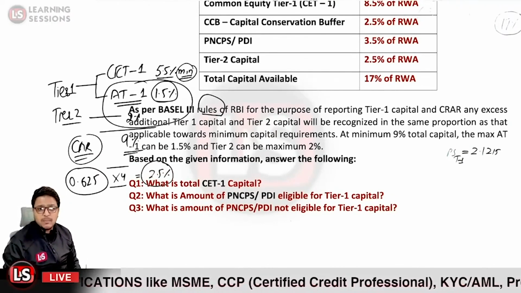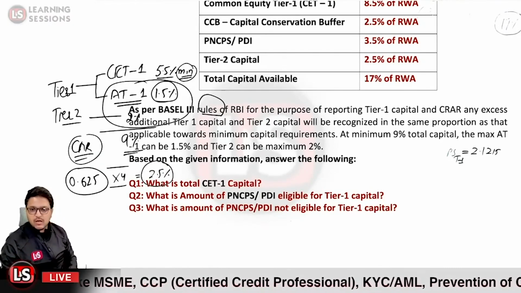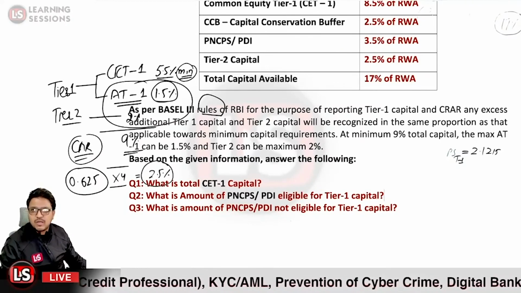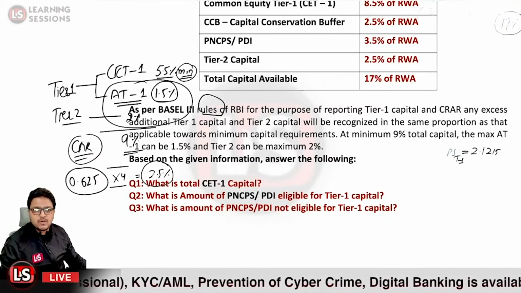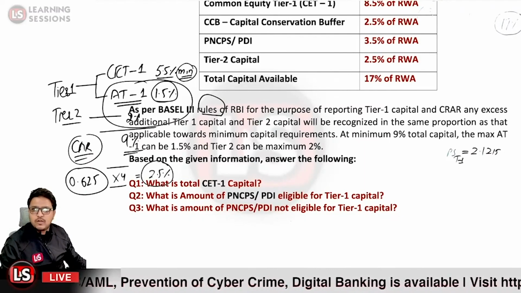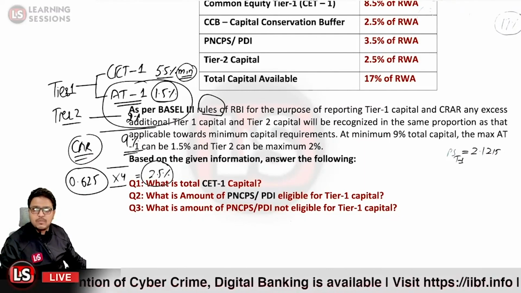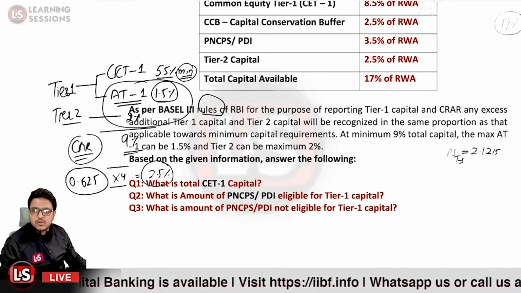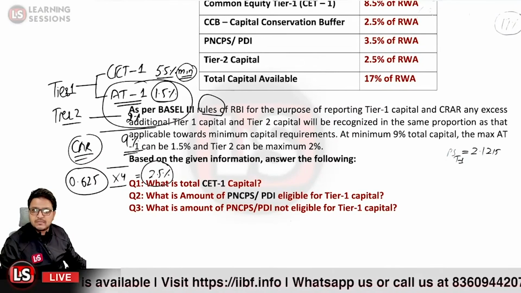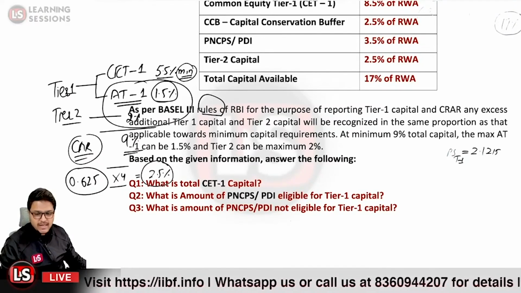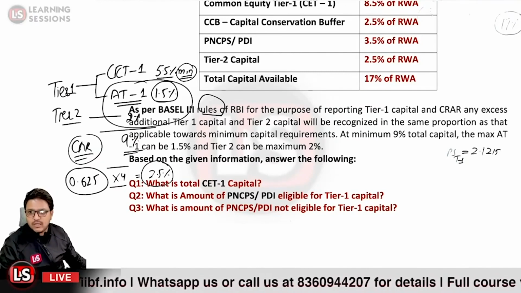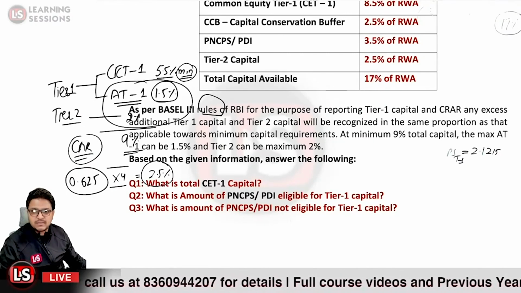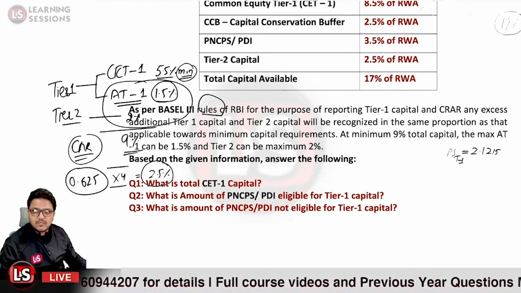I want you all to answer this particular question: what particular amount will not be the component of the Tier 1 capital over here. So kindly do answer at the earliest, related to question number 3, which component would not be part of the PNCPS under Tier 1 capital.